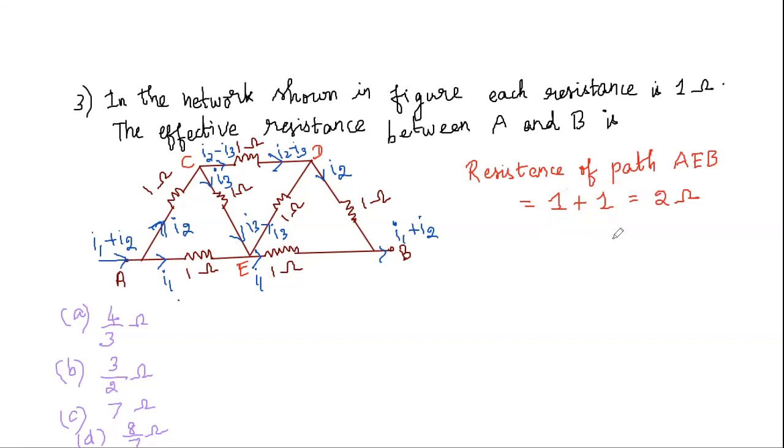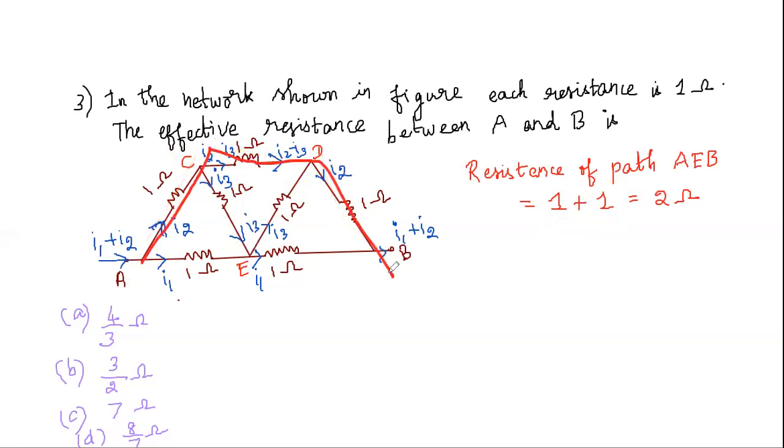And then, now when you connect this CD, okay, so here you have C and D. What is the resistance of this path ACDB? Now that we are going to calculate.